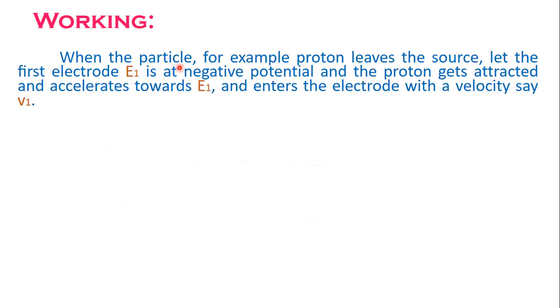Assume that we are using protons to accelerate, and assume that when the proton leaves the source, at that particular instant the first electrode is at negative potential. The proton is a positively charged particle and the electrode E1 is at negative potential.